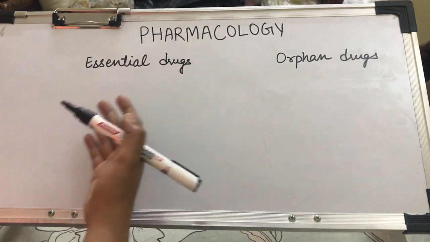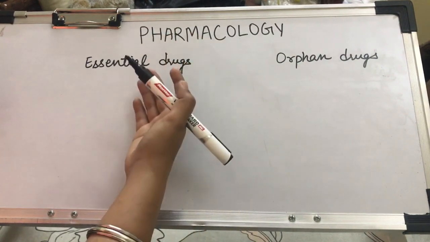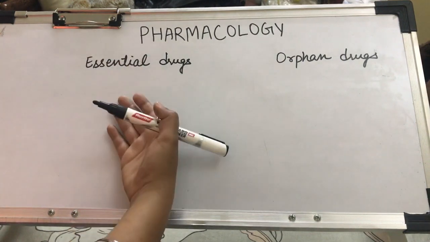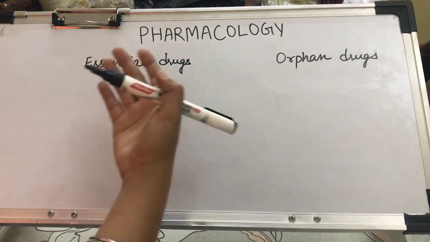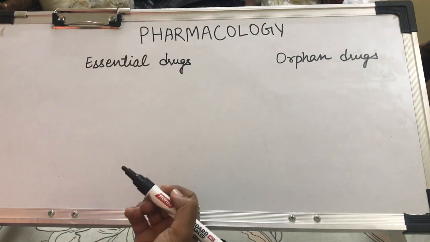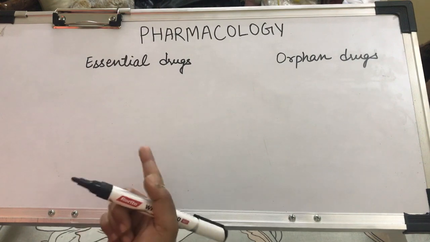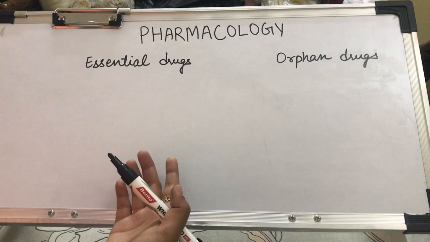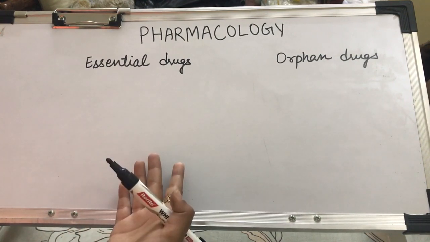And if they are to be made available, they have to be selected first. How are they selected? They are selected on the basis of their efficacy and their safety profile, their storage stability, their cost, and their effectiveness.